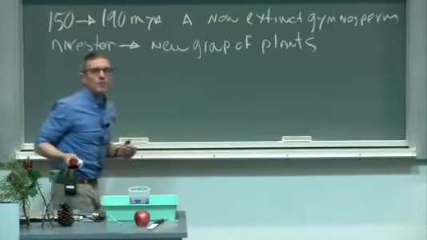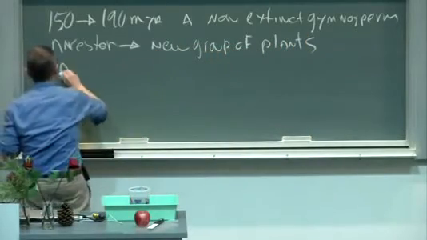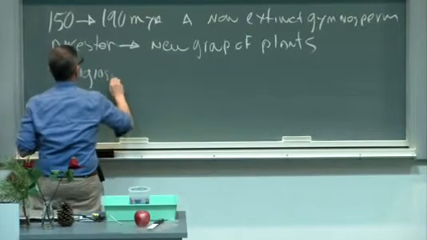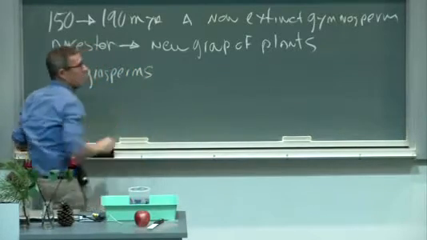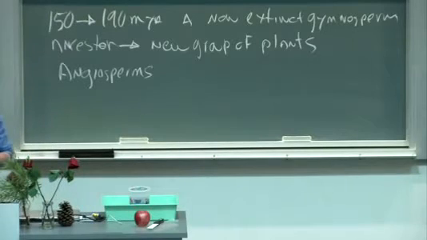And that new group of plants is called the Angiosperms. And they are the predominant flora, the predominant plants on the earth today.